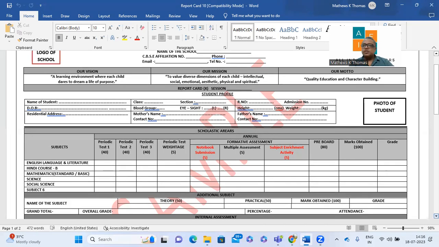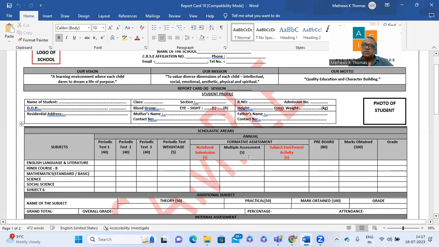And then the notebook submission: basically we can remove this and write it as portfolio. We are using the word portfolio for all the classwork and homework that you do. And many of you are doing some beautiful projects, so all that can come in this. So instead of notebook submission, that can be replaced with portfolio. That sounds better.